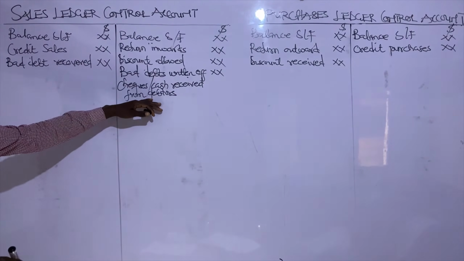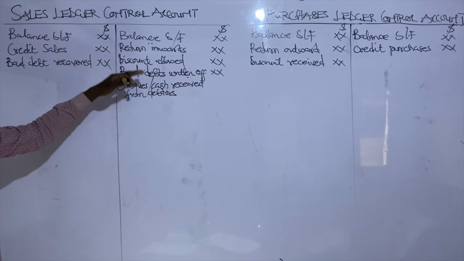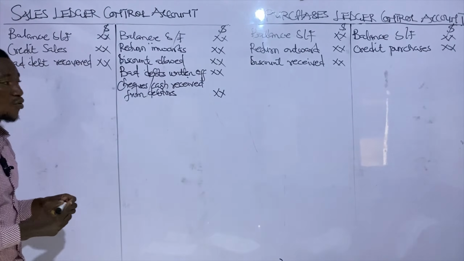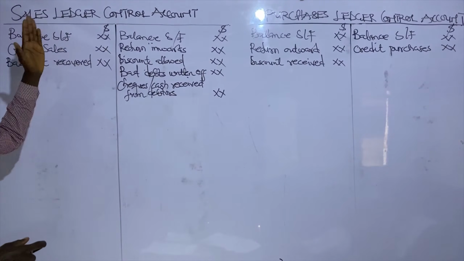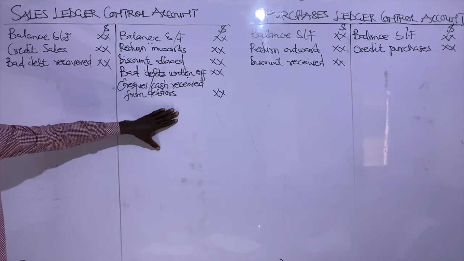And when customers make payment to the business, it reduces the customer's balance or the debtor's balance. Because of this, it's supposed to be recorded at the credit side. Is that okay? When payments are made by the debtors, it reduces their balance, so we record at the credit side. Is that okay? Good.